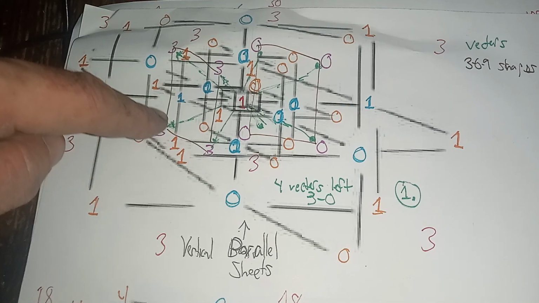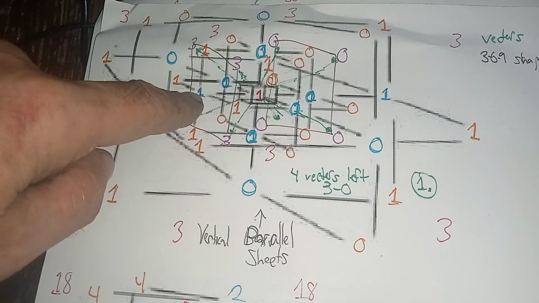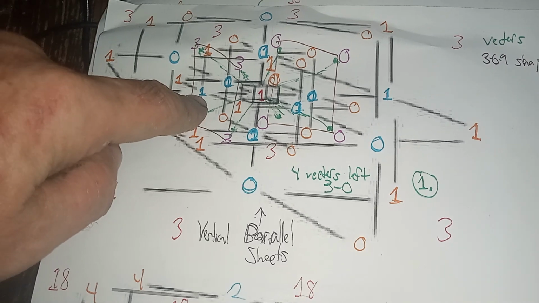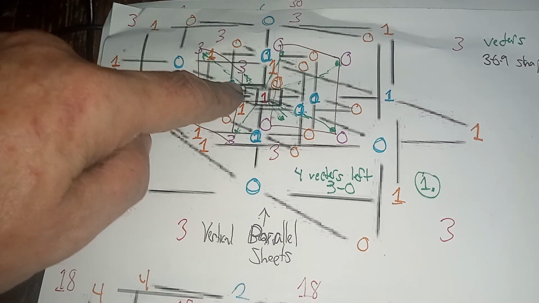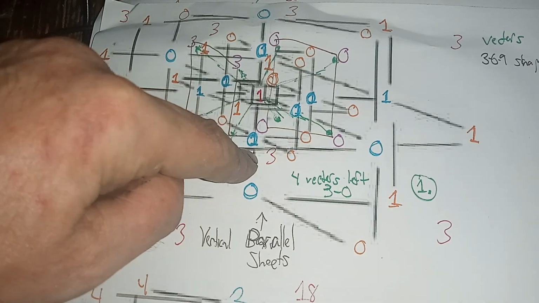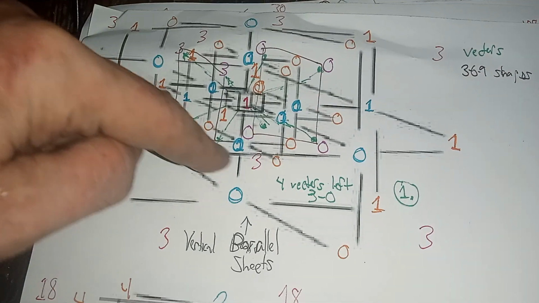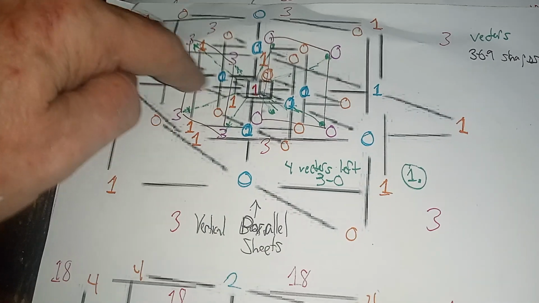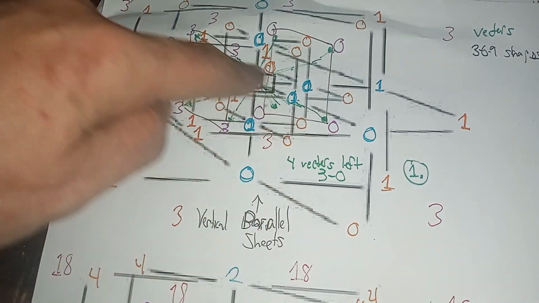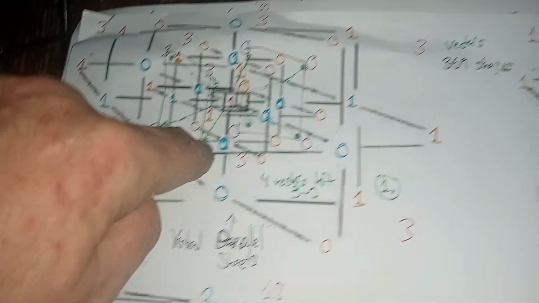This is a special type of 369 shape, because it's the lowest you can get with addition, besides 0, with a 1 and the rest 0 for the primary numbers. You get 3 on this side and 0 on this side. So it's vertical parallel sheets, and the vectors are 3 and 0, so it goes in this direction to the left. That's the only time you'll find that.